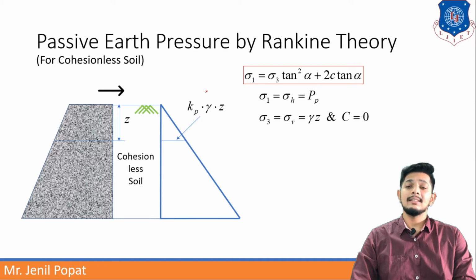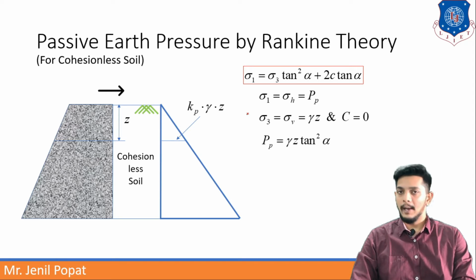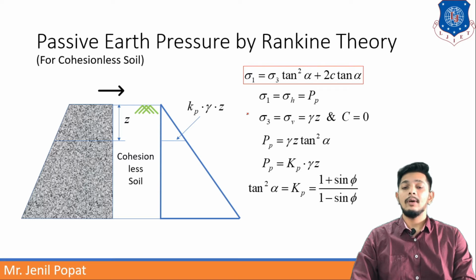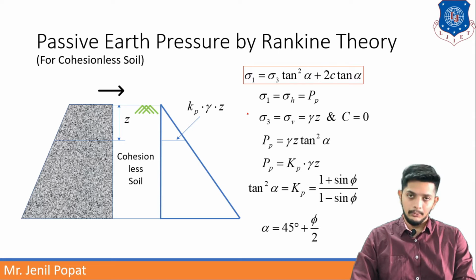So putting c as 0 and these both values in the equation, I am getting Pp as gamma Z into tan square alpha. Pp can be written as Kp into gamma into Z, and Kp will be tan square alpha, or we can say (1 plus sin phi) upon (1 minus sin phi) for this case. Here we will take alpha as 45 plus phi by 2.